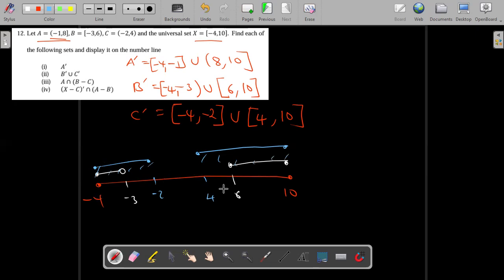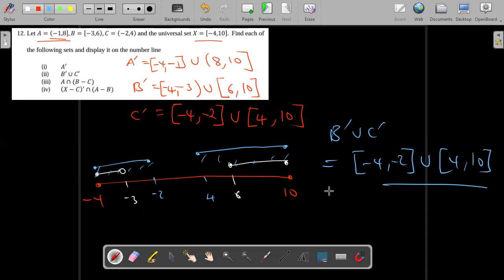So you see that the interval that remains is the top one, because this negative 4 to negative 2 covers the negative 4 to negative 3, and also covers the part where the 6 and 10 are. So my B complement union C complement is just going to be equal to the interval from negative 4 to negative 2 union 4 to 10 closed. So this is what I get.